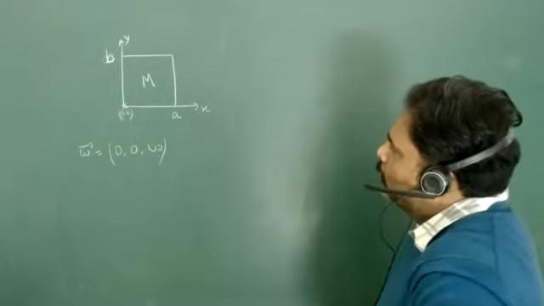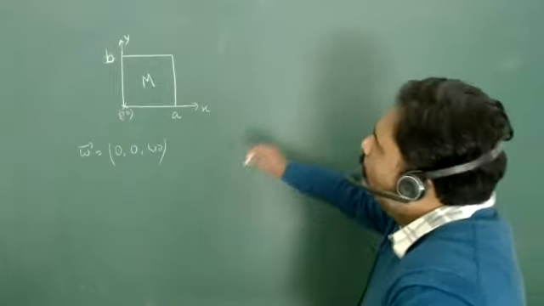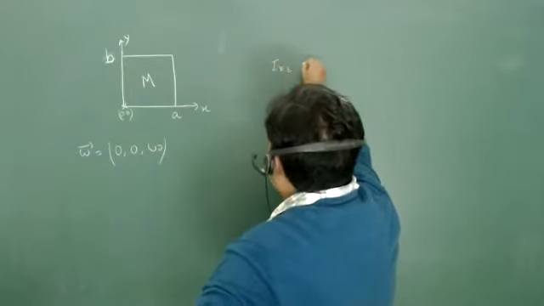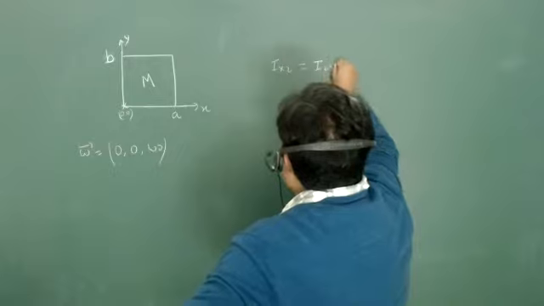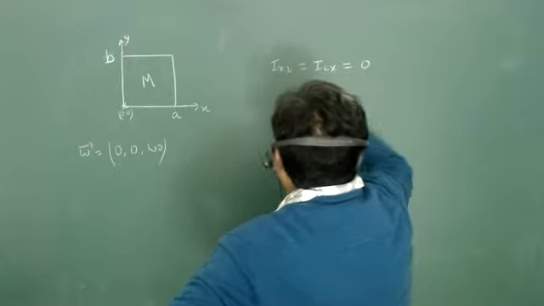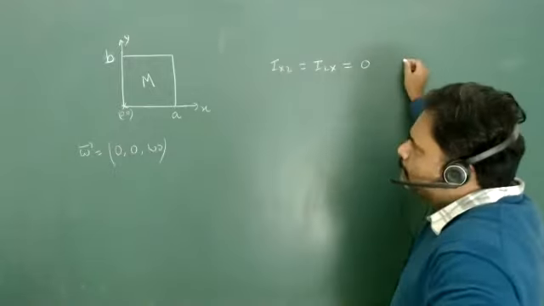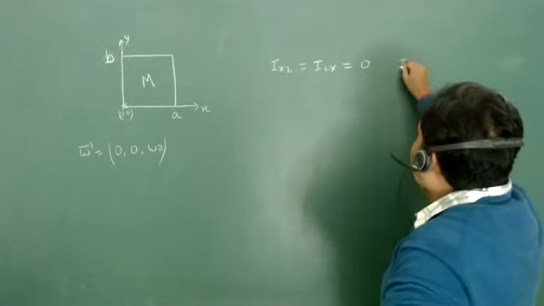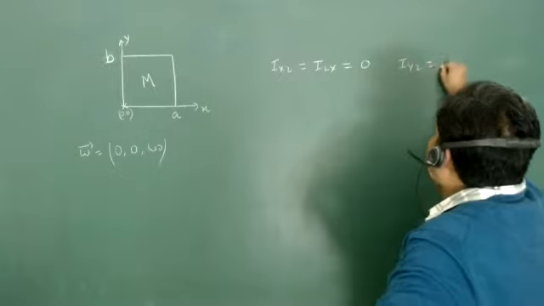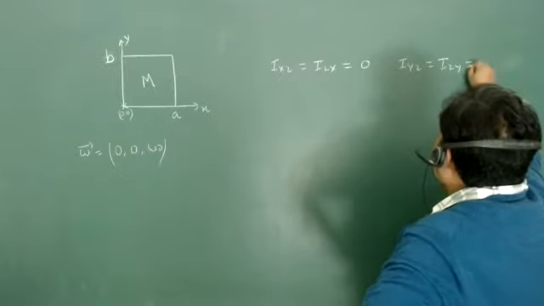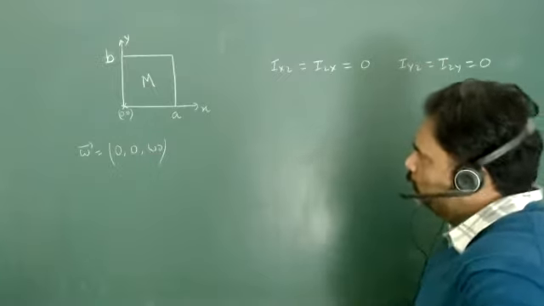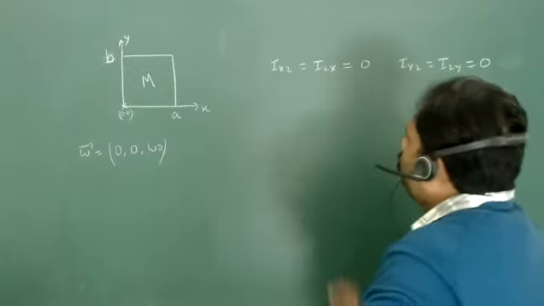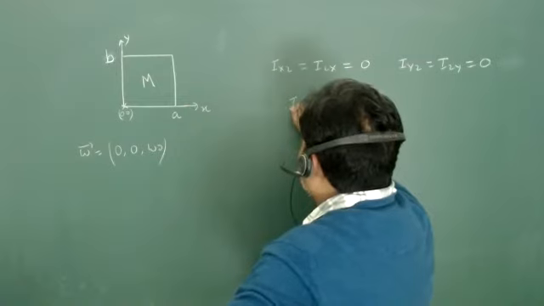So again, can I say Ixz is equal to Izx is equal to 0? Yes, sir, because this is in the xy plane, and then Iyz is equal to Izy is equal to 0. This is also 0.